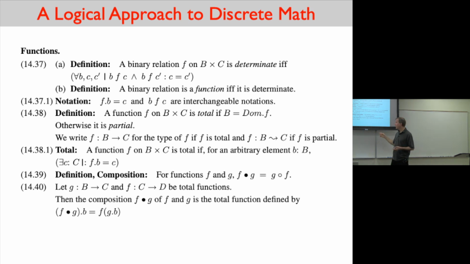It's like an axiom. On the other hand, 14.38.1 is a theorem about total. So this is like an alternate definition of total, but it's not a definition. We don't prove definitions, but we do prove this theorem.